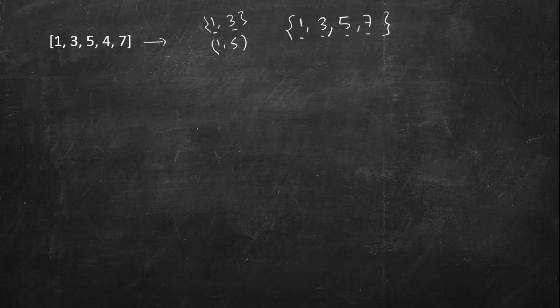We cannot form an increasing subsequence of length more than 4 in this case, but this is not the only longest increasing subsequence. We can also form 1 3 4 7, which also has a length of 4. So we have two such subsequences of maximum length, and we return 2.